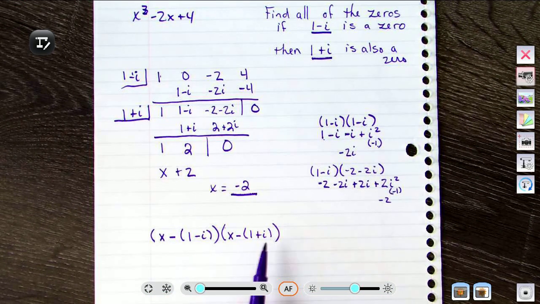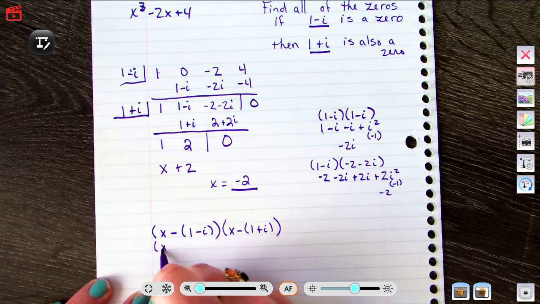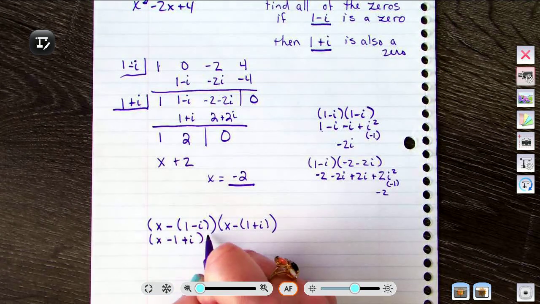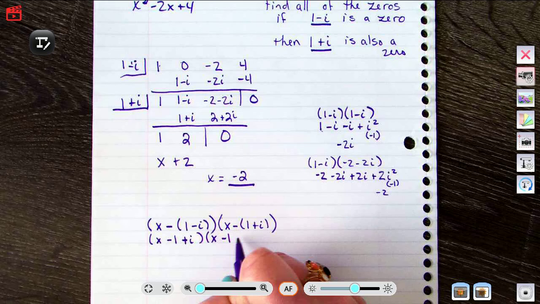Now what I'm going to do is actually multiply those together. Okay, you might be thinking, oh, that's really going to be ugly. It is not. It will work out nicely. So first of all, I'm going to write this as x minus 1 plus i. So I'm distributing that negative through. And that x minus 1 minus i.